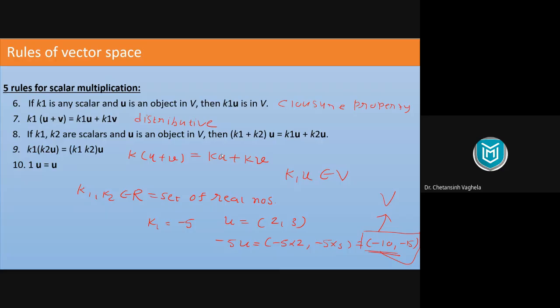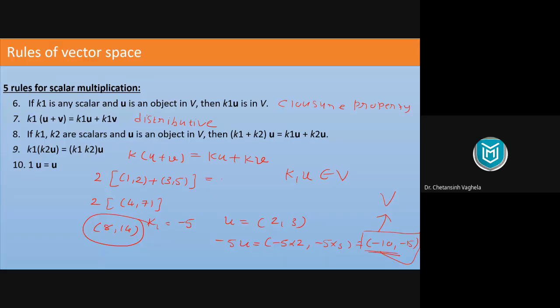For example, if we take any example of a vector, let's say you have 2 times your U bar is 1 comma 2 plus V bar is 3 comma 5. Then if I take addition first, then 1 comma 2 plus 3 comma 5 will be 4 comma 7. Now if I multiply with 2 here, so it will be 4 into 2 8 and 7 into 2 14. So what's my resultant vector? 8 comma 14. Now what is my right hand side? Right hand side is kU plus kV.